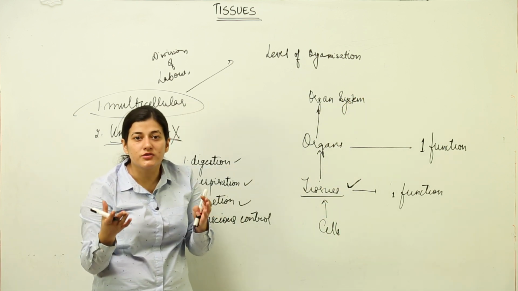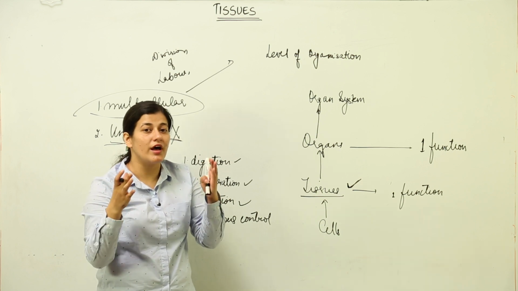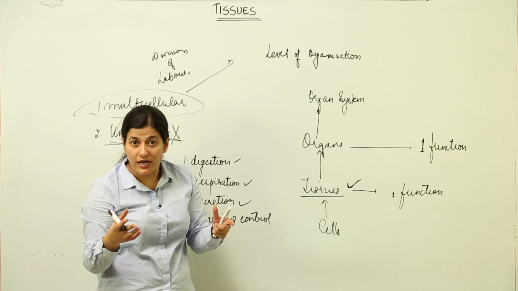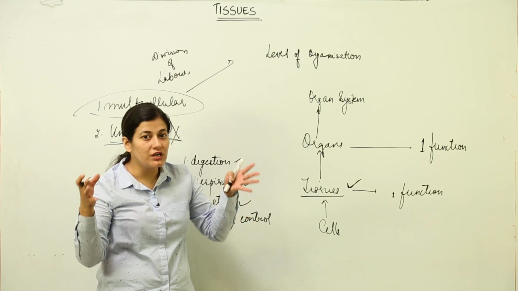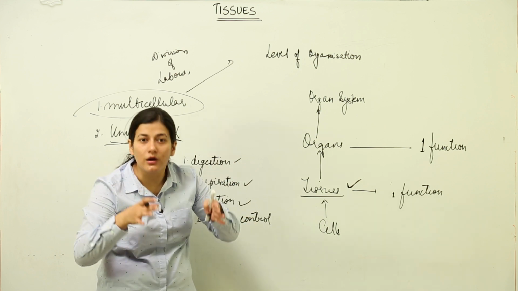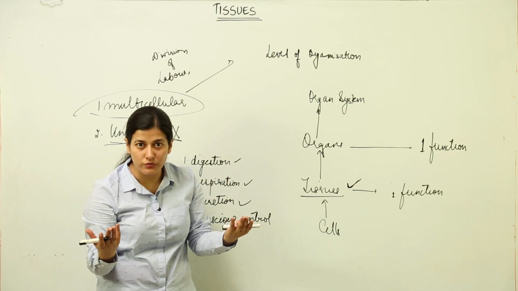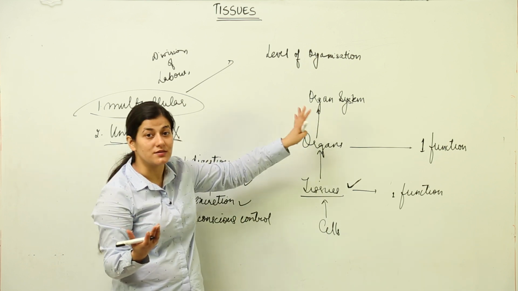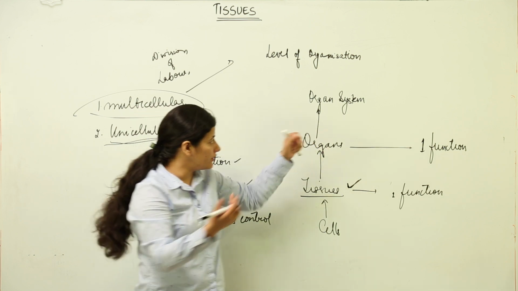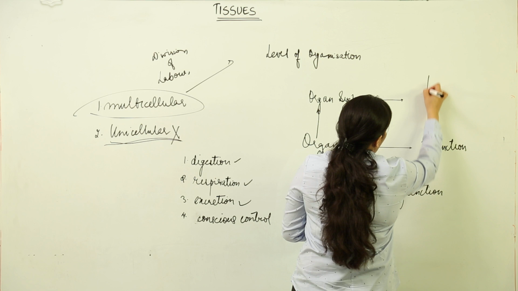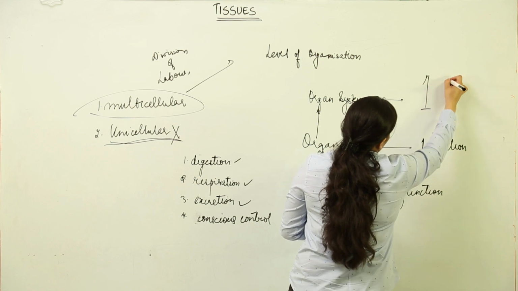Take the example of your sensory system. You have eyes, nose, skin, tongue, and ears. These are the four or five different sense organs which give you a perception of the surroundings, whatever is happening around you, and that is the organ system, the sensory system as we call it. So we have many organs together performing one function.